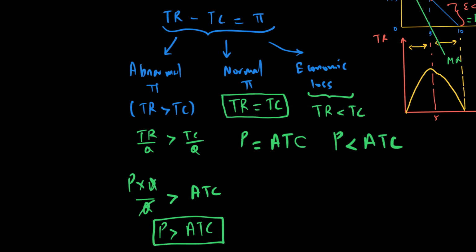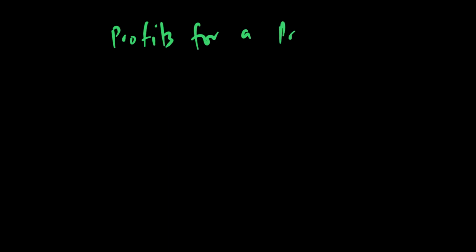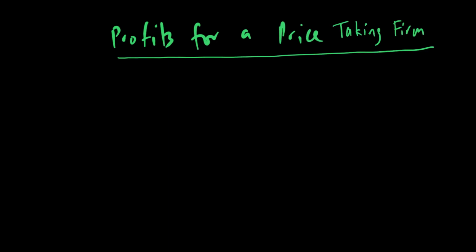So let's now talk about the principle of profit maximization. But before we do so, let's look at profits for a price taking firm. So we said in our earlier video that a price taking firm is the one that gets the price from the market forces of demand and supply, but when that price comes, the demand curve is perfectly elastic.